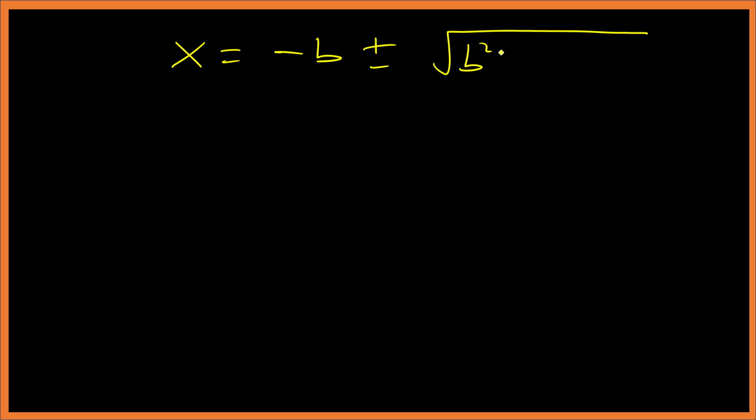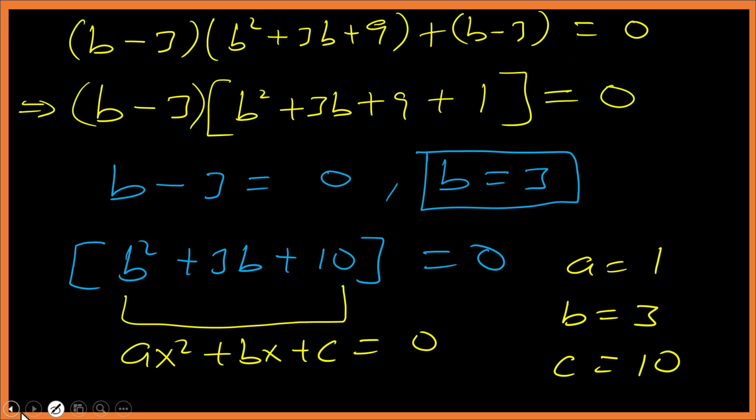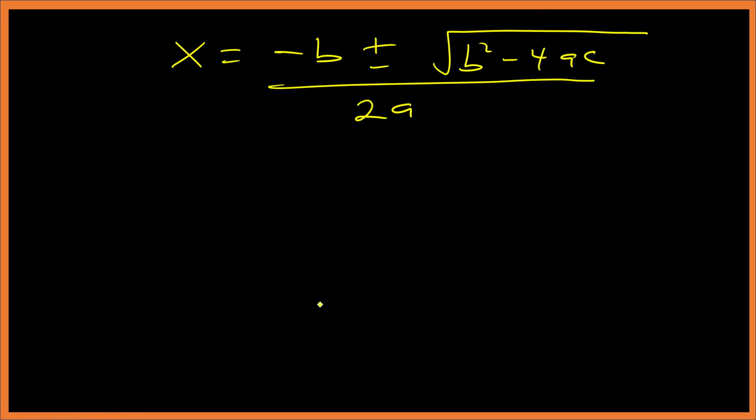Now we are using x equals minus b plus or minus square root of b squared minus 4ac, over 2a.